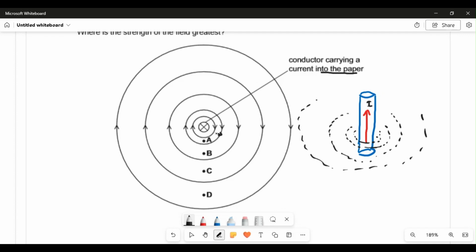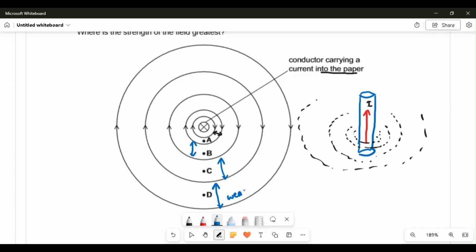But as you move to B, the distance between the lines is more, which is further increased at C and further increased at D, showing that with more distance between the lines, it is a weaker magnetic field. Also, the distance from the conductor is more, so D will be the weakest.